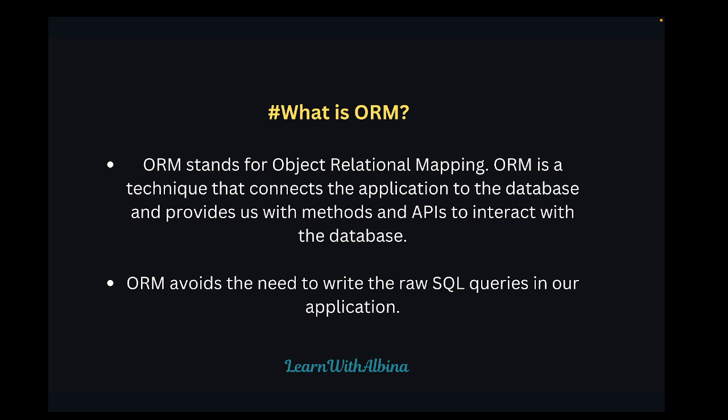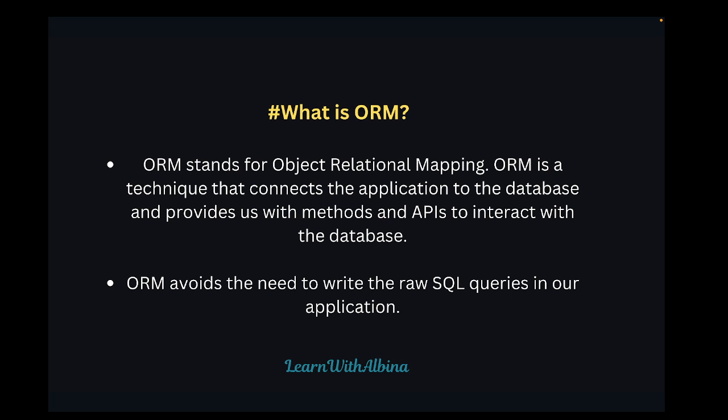From today onwards, if somebody asks you what ORM is, tell them that ORM is a layer that stays between the database and the application, and this is the layer that allows our application to interact with the database. And how do we interact with the database? ORM gives us all the methods that we can use.